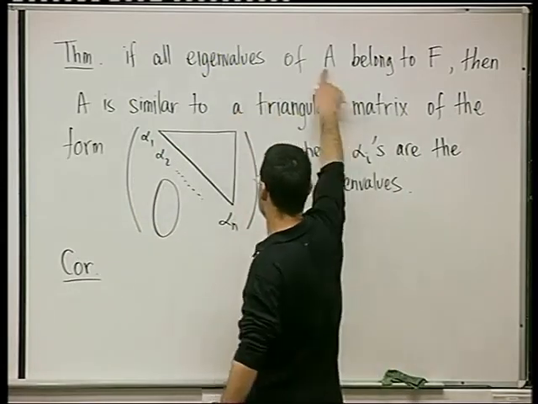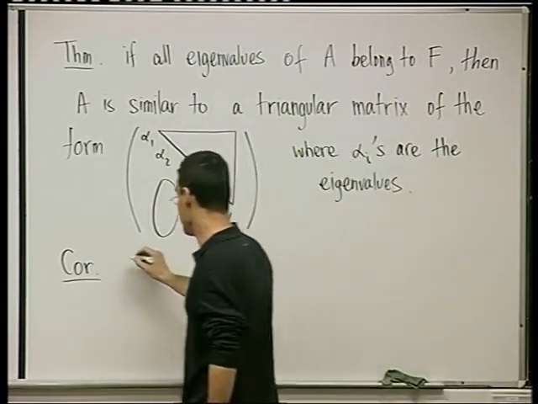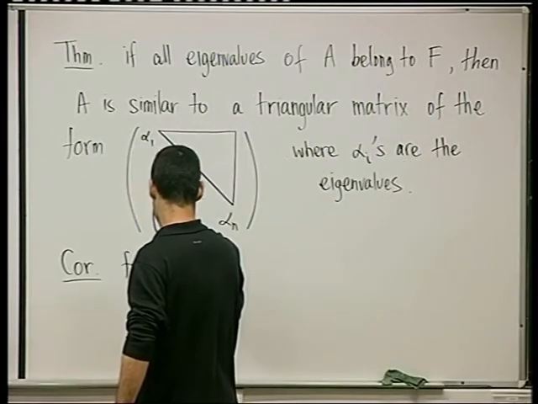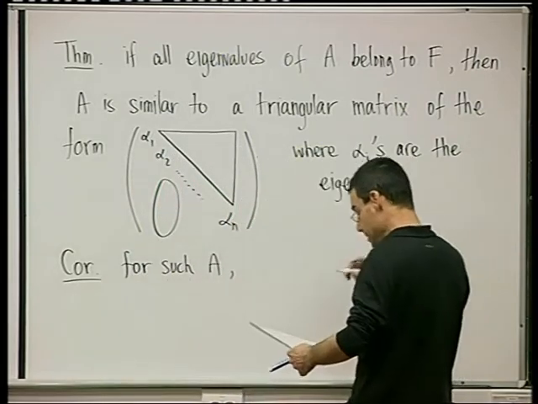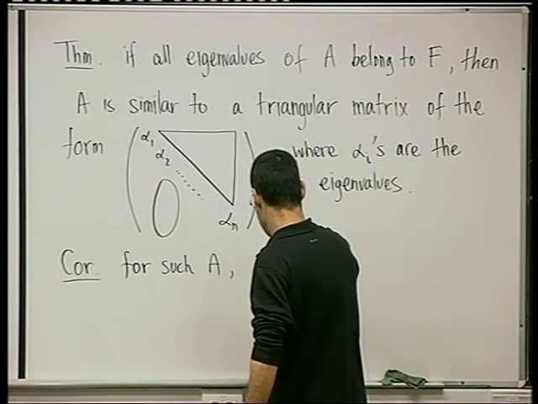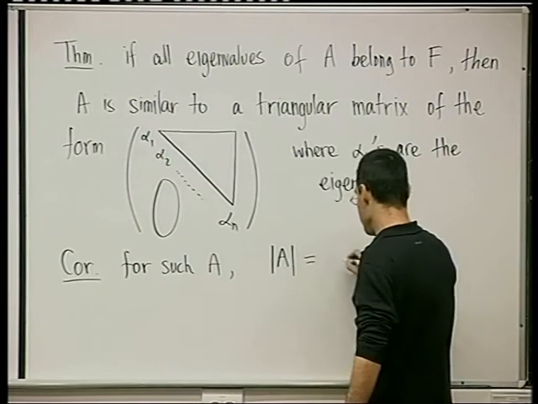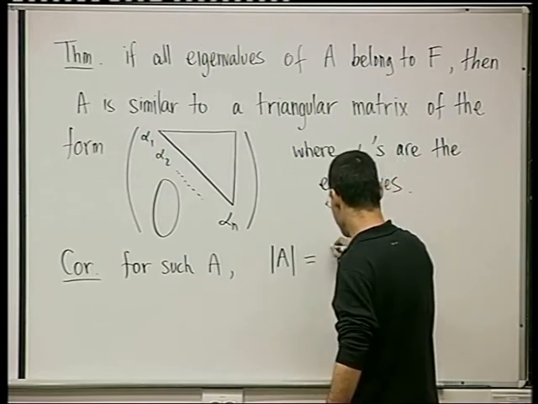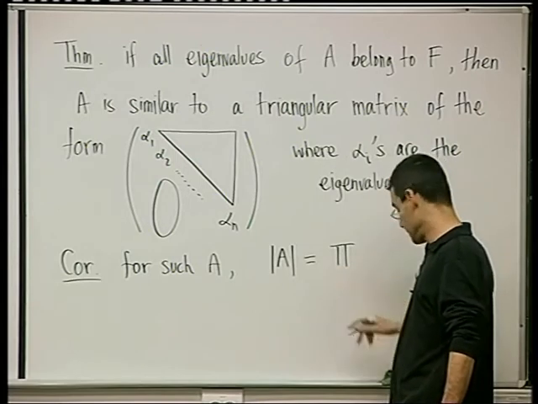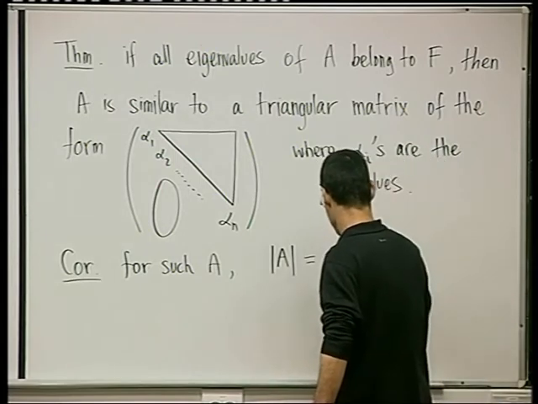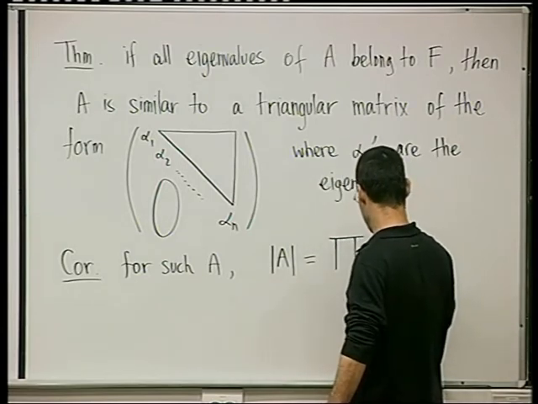Suppose that A satisfies this, that all the eigenvalues belong to F. So for such A, the claim is that the determinant of A equals the product, do you know the notation big pi? Product of the alpha i's.